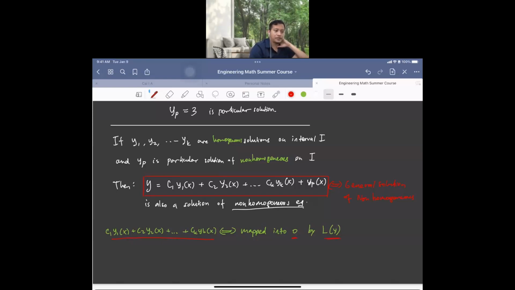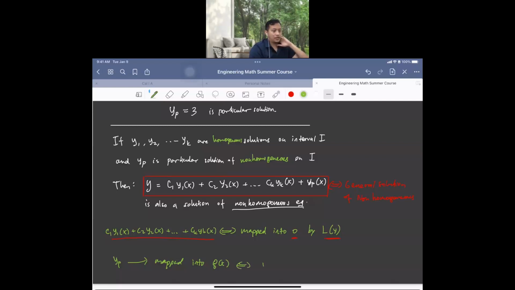So this whole thing here will be mapping into 0 from the differential operators. And the yp, the particular solution, will map into the g of x.